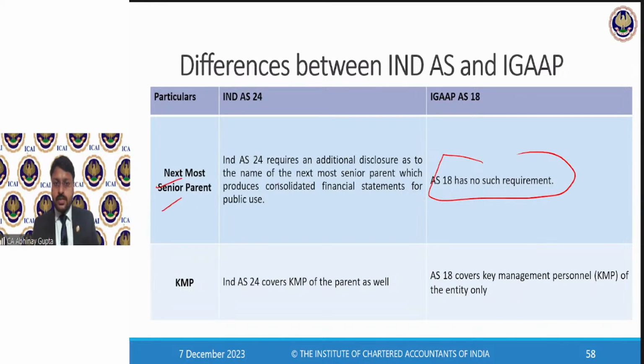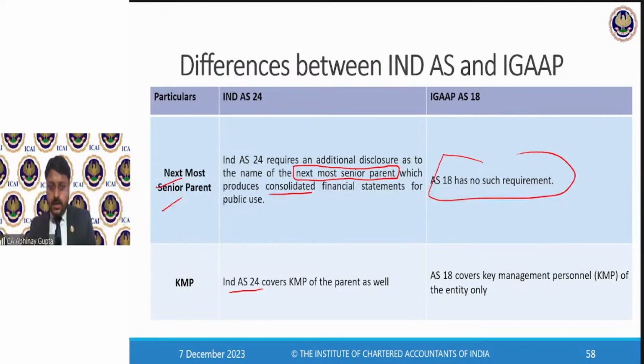Ind AS 24 says if my parent does not produce CFS, then I will state the name of the next most senior parent who will be producing the CFS, which we have already discussed. So these are just the key differences in case you get a theory question in the examination: what are the differences between Ind AS 24 and the corresponding Indian GAAP AS 18? It would be helpful for you.